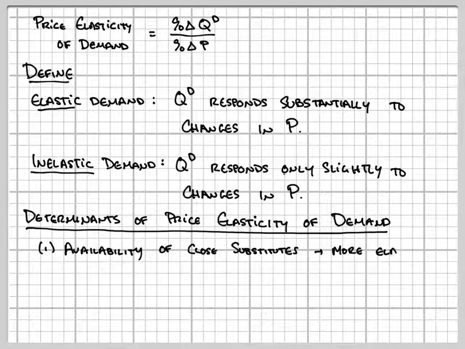If there are two goods that are essentially the same, then if the price of one good goes up, people are going to buy more of the other good, and that is going to have a big effect on the demand of the good whose price increased.